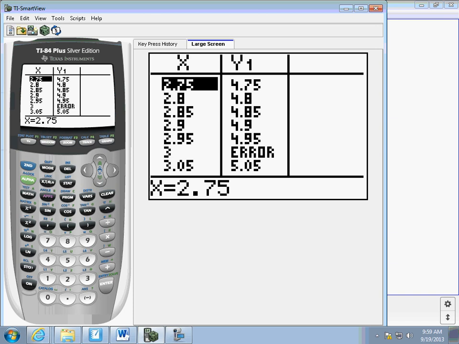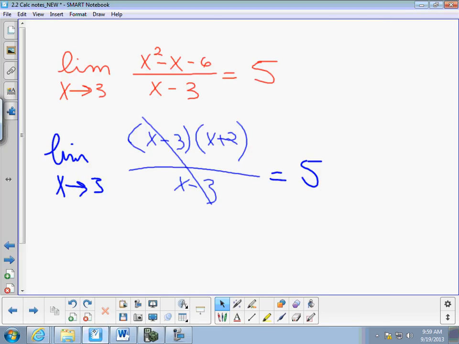The limit is about what happens near the point. So the limit of this function is 5 as x approaches 3. Not about what happens at the point, it's about what happens near the point. The function's not even defined at 3, but I can still have a limit at 3.